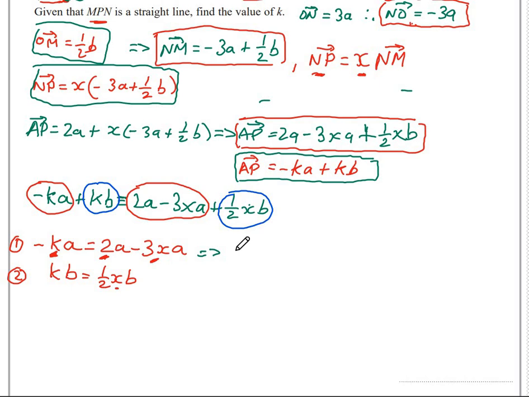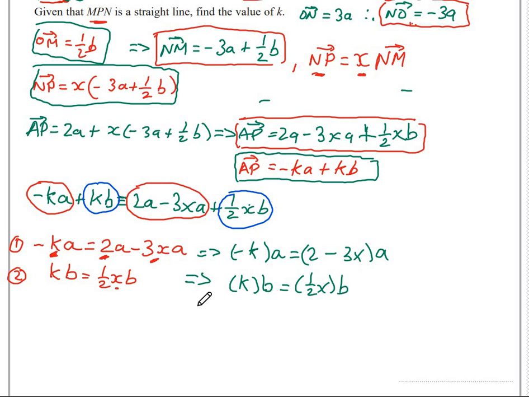Minus k equals 2 minus 3x, you see? And for this one, kb equals half xb.